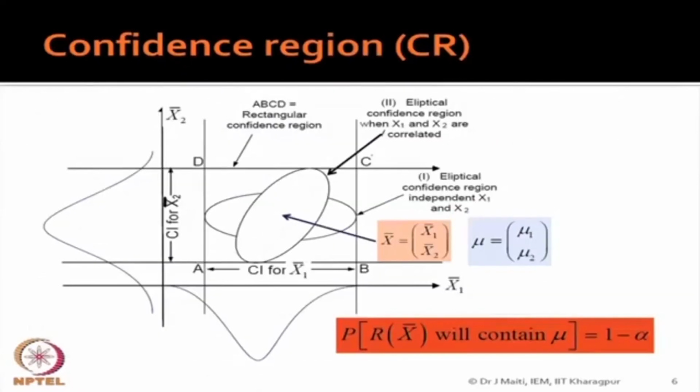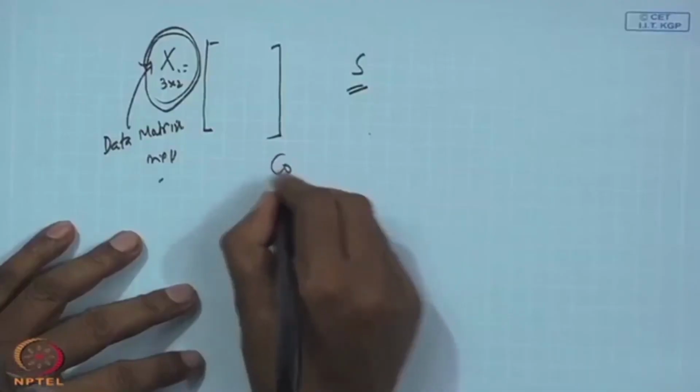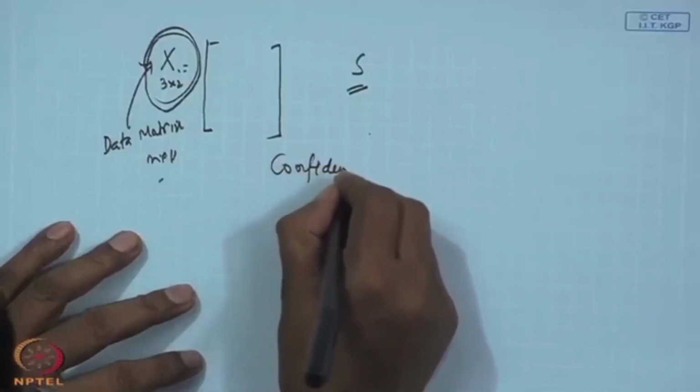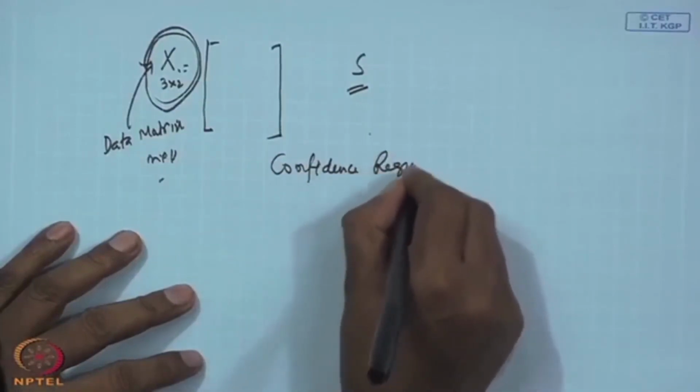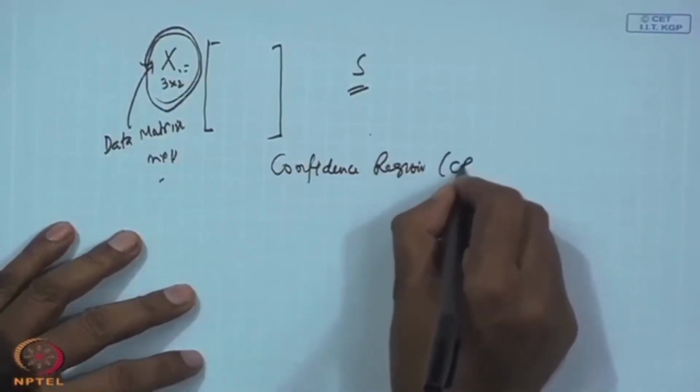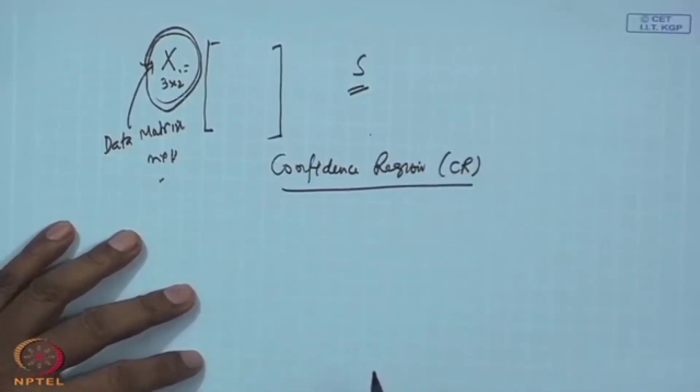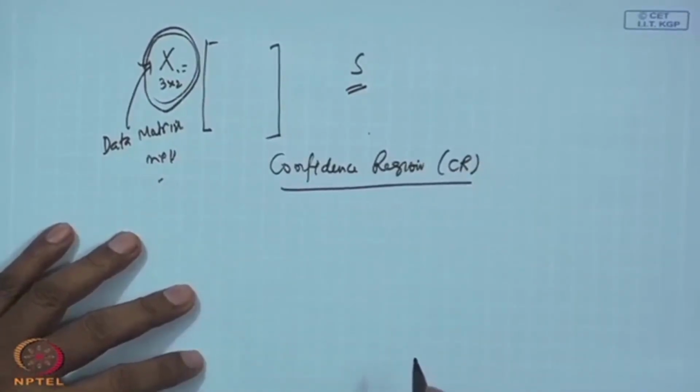This is what is Hotelling T square. What does Hotelling T square give you? Hotelling T square gives you a confidence region, CR.